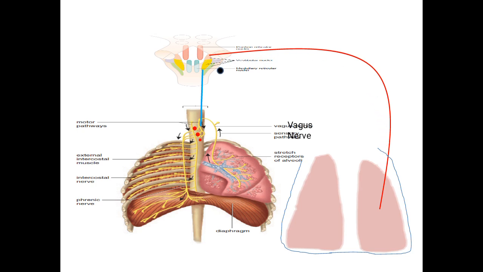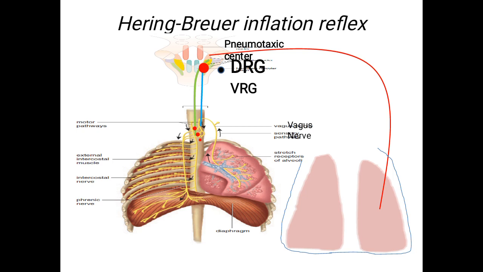The impulse will travel down via the vagus to our neural centers of respiration, and they will inhibit them, and the inspiratory ramp stops. The impulse will not travel down to the respiratory neurons, and the diaphragm will not contract now. Contraction stops, expiration starts. So it is called the Hering-Breuer inflation reflex.